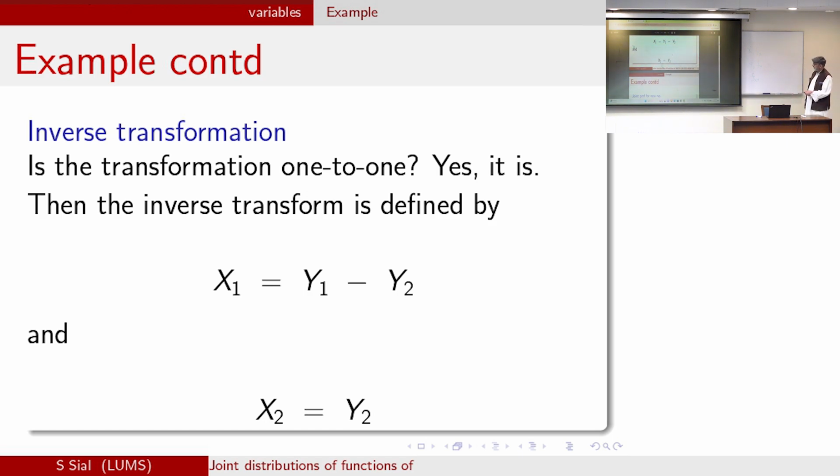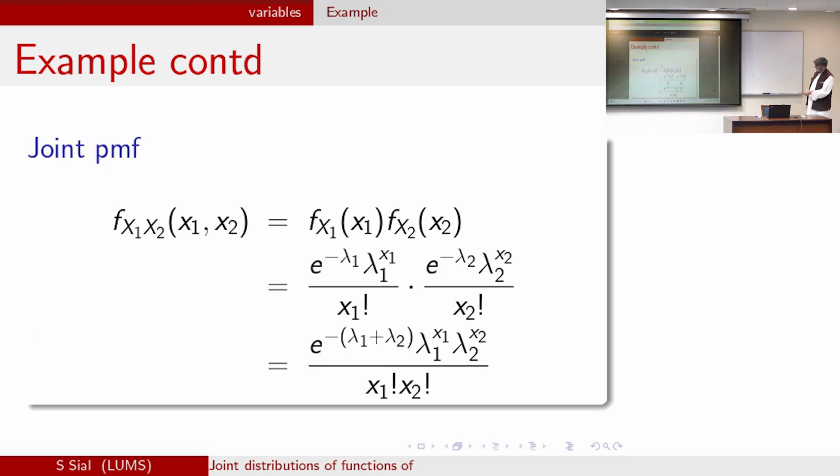Now, if I have this transformation, remember we said that now we can take the inverse transformation, and I work out that x1 is equal to y1 minus y2, and x2, well, we were given that x2 equals y2. So now I can replace x1 in terms of y1 and y2, and I can replace x2 in terms of y1 and y2.